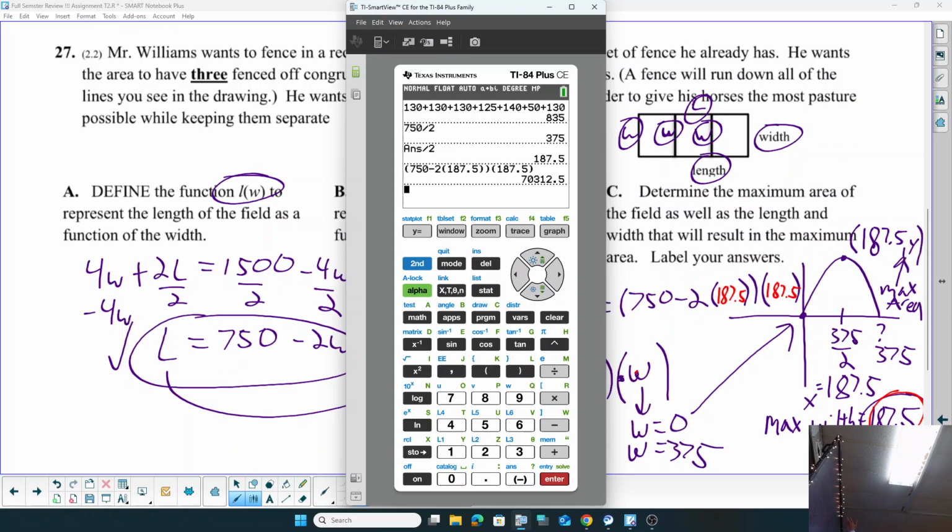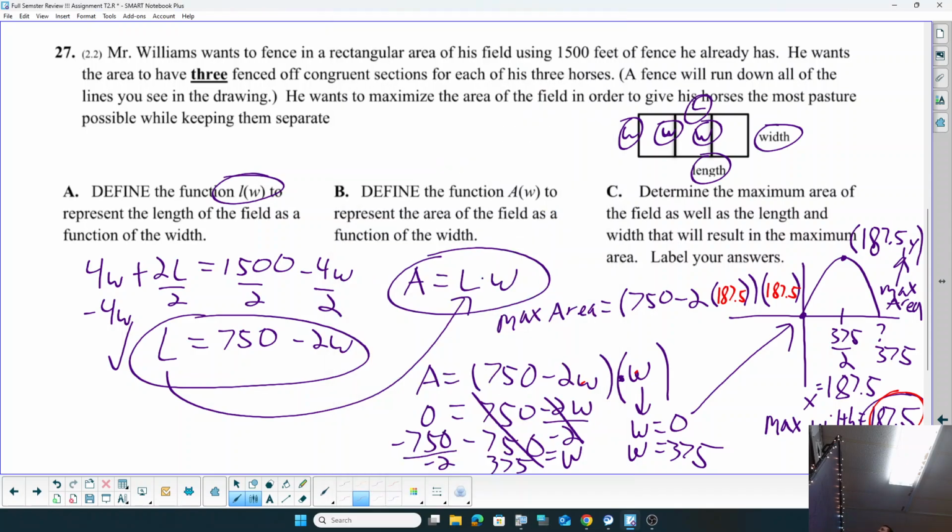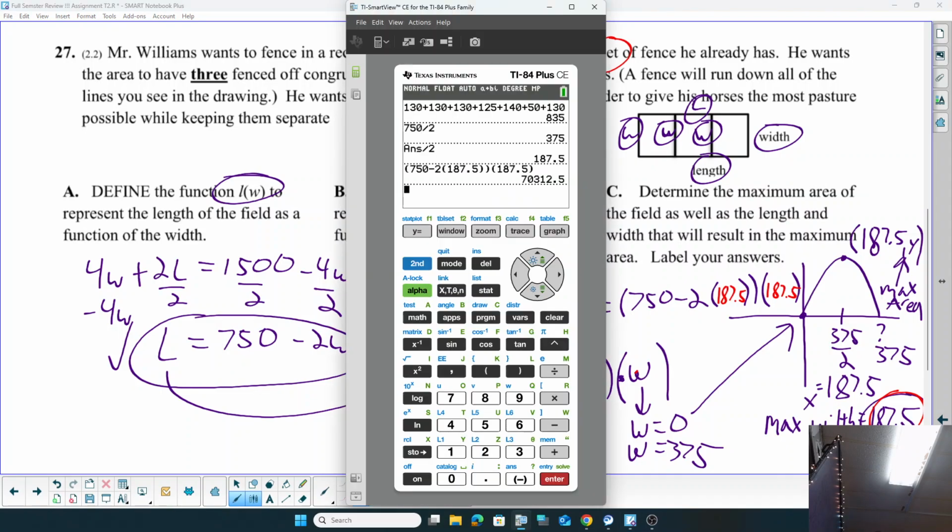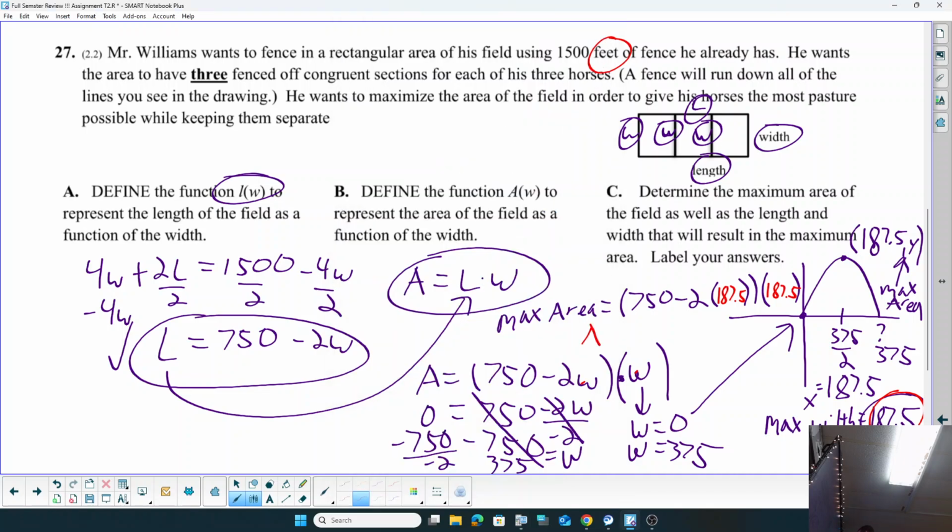That's really big. Is that feet? Yeah, that's feet. So that's 70,312.5. Yay, we found our max area.